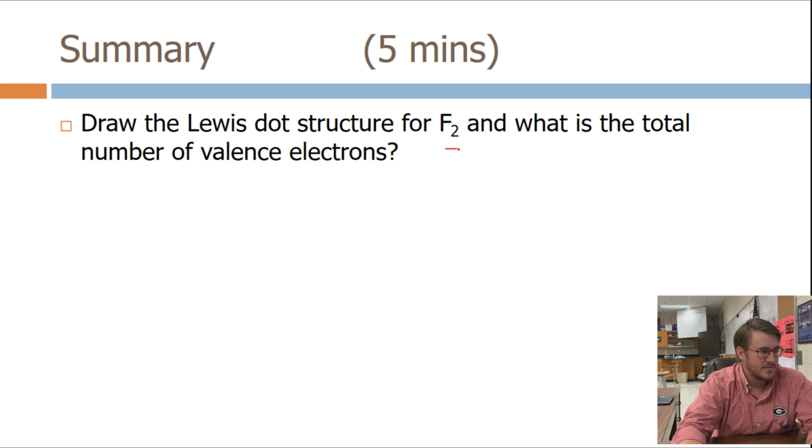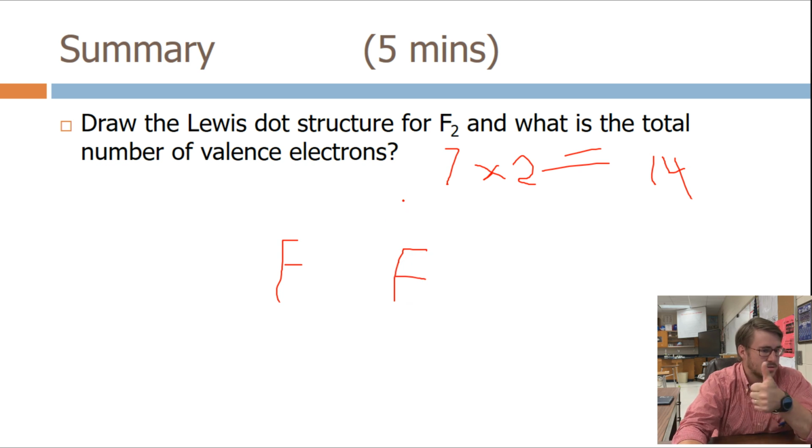Each F has 7 valence electrons, times 2 makes a total of 14. So F2 is going to be F and F. I've counted, I drew my central atoms, I draw a single bond, I make my dots around to get the number 8.